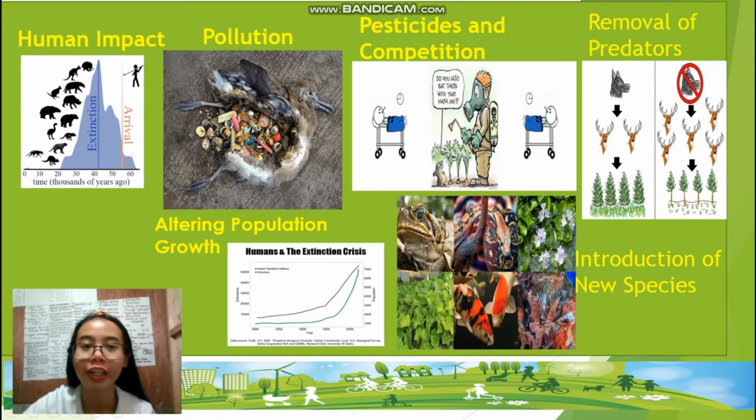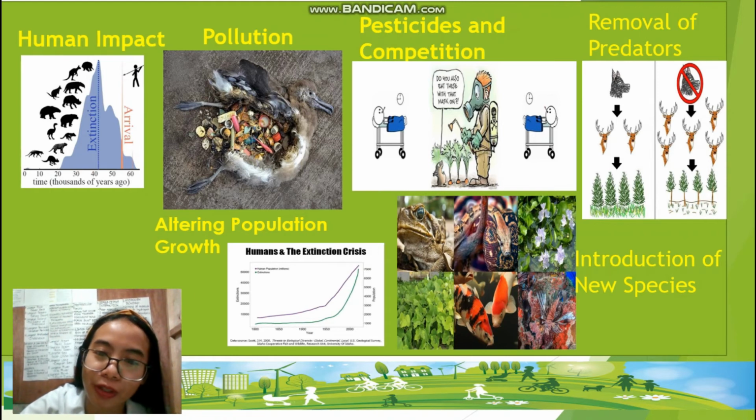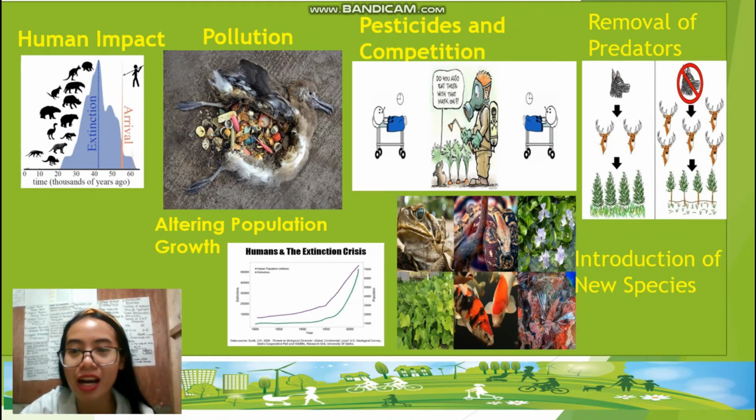Next, we have introduction of new species. Introduction of exotic or alien non-native species into new areas is perhaps the greatest single factor to affect natural populations. So the newcomers also affect the population within that environment.